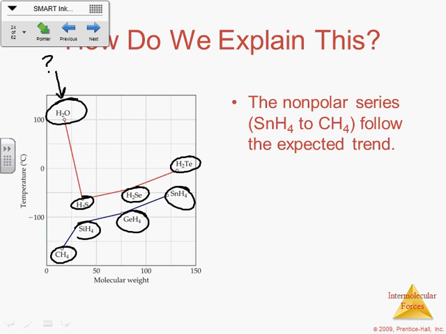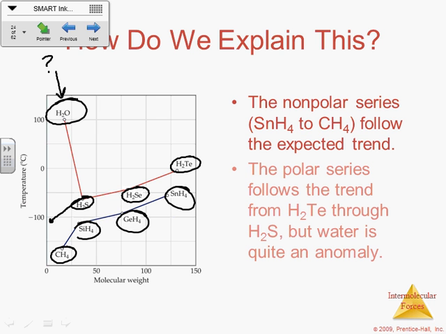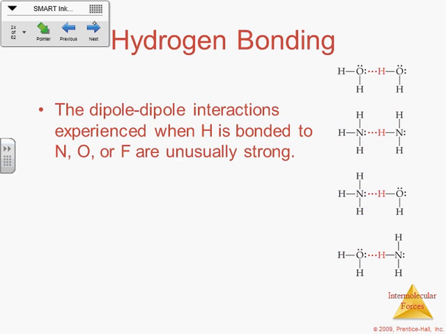So you would expect, based on this trend, the water to be somewhere down here, maybe. But it turns out you have to get water up to 100 in order to get it to boil. And you might know the answer to this question. The answer is actually the other type of intermolecular force we haven't talked about yet, which is hydrogen bonding. Okay.